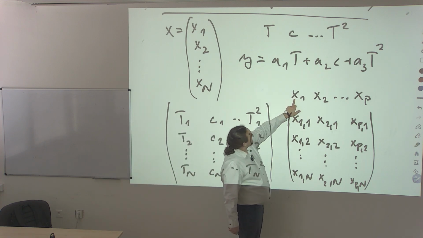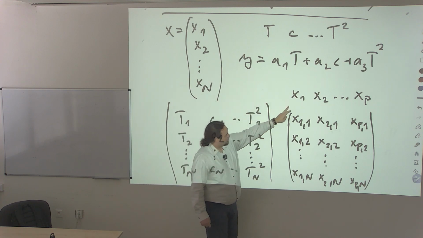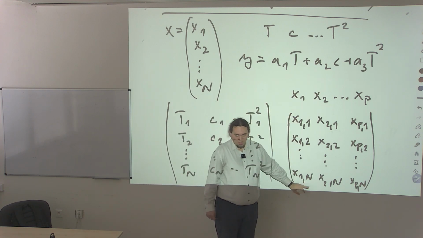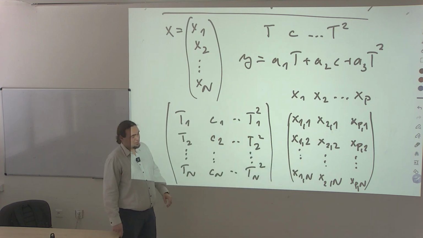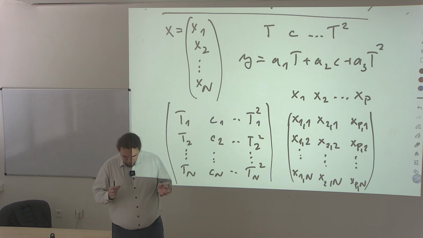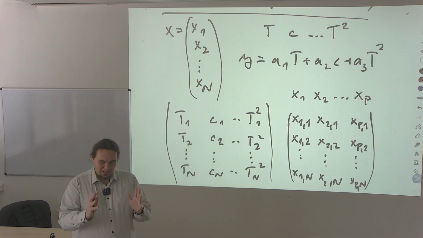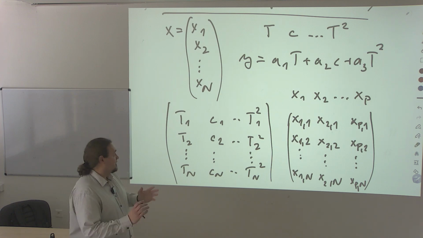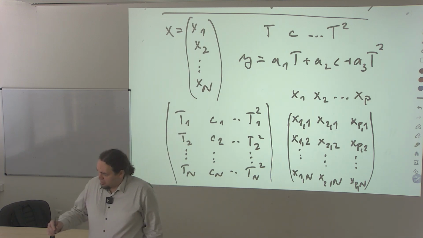So now this x1 would represent the first variable which has n measurements. This looks a bit messy in the beginning, but once we are comfortable with the fact that our data are in some matrix, then we can just work with this matrix here.